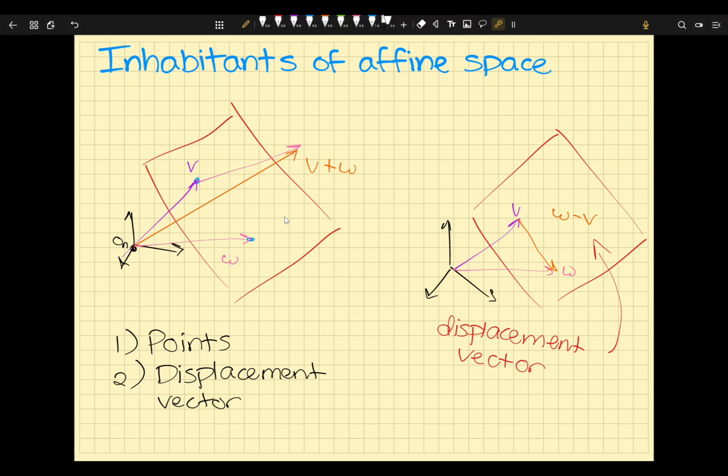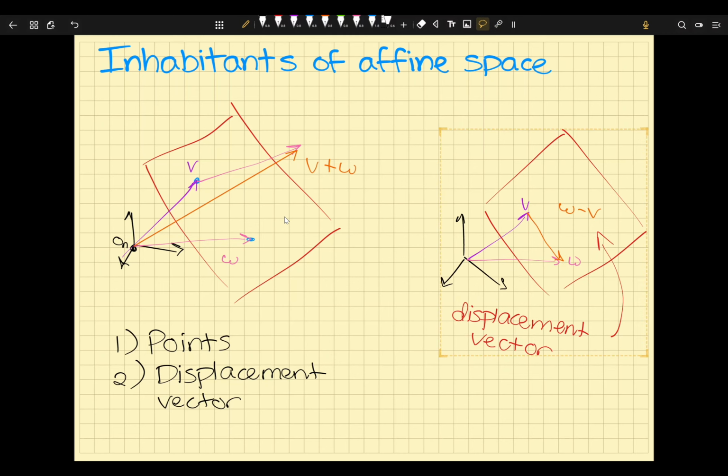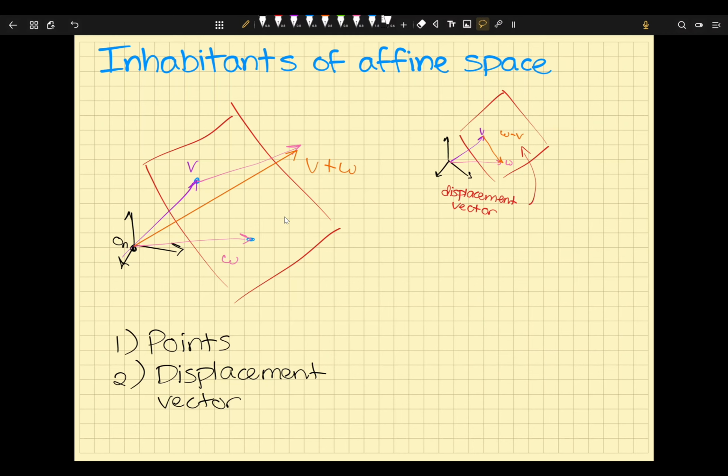Right, I'm running out of space. Here's my affine space again. So we have points and displacement vectors, meaning these are points in our affine space and they live in our affine space. And then displacement vectors are like, at every point, we can sort of walk in any direction.